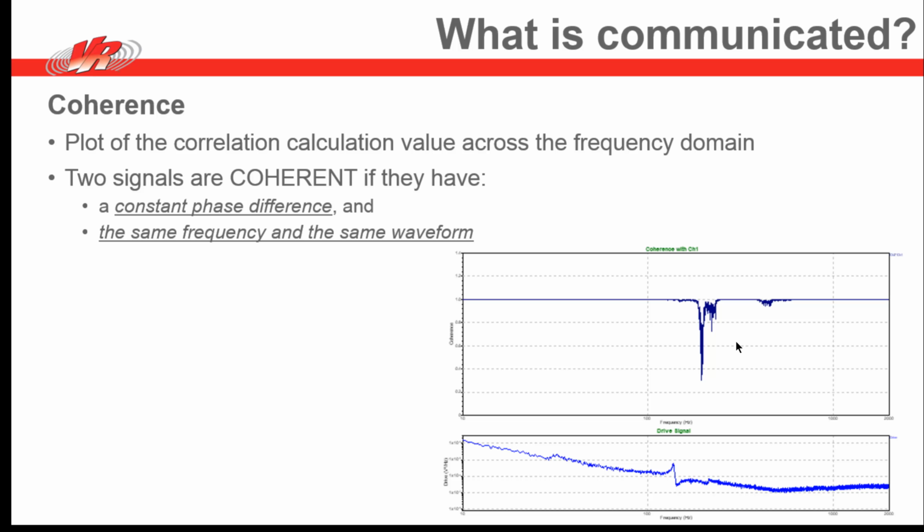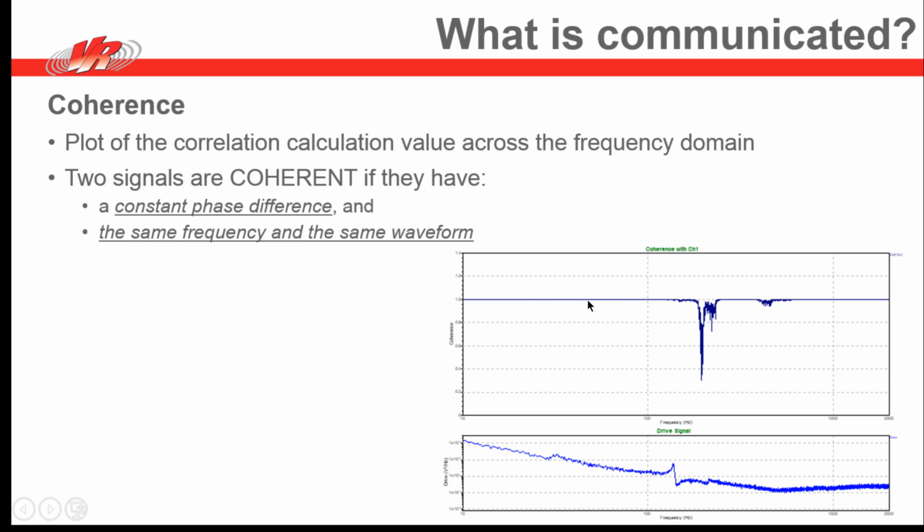Third, there is the coherence plot. Coherence is a plot of the correlation calculation across the frequency domain. If you make this plot, the two signals are determined to be coherent if they have a constant phase difference and if they have the same frequency and the same waveform. In this particular plot, there's a comparison of channel 2 to channel 1, and for the most part, there is correlation between those two signals.